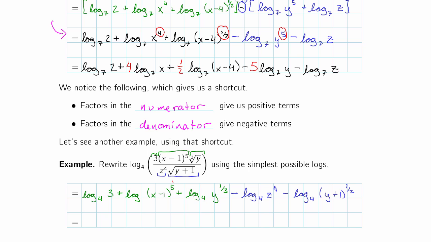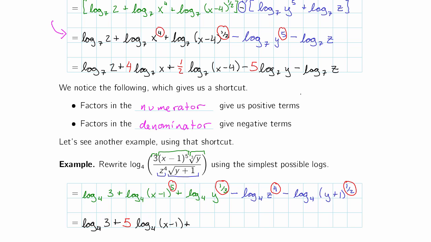So we have these exponents, and they're going to become coefficients. So the log of 3 just sits there. The log of x minus 1 to the 5th is going to become 5 times the log of x minus 1.